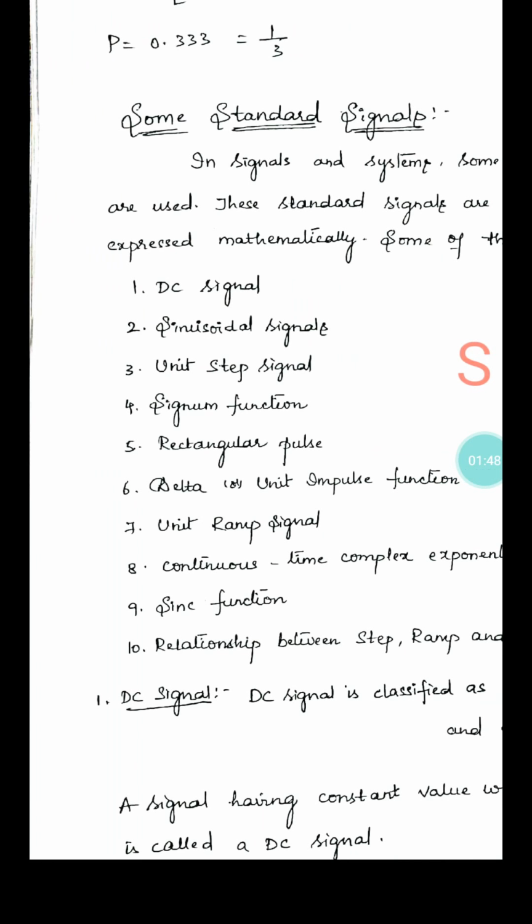Again I will read: DC signal, sinusoidal signals, unit step signals, Signum function, very important, rectangular pulse, delta or unit impulse function. Then the seventh one, unit ramp signal.